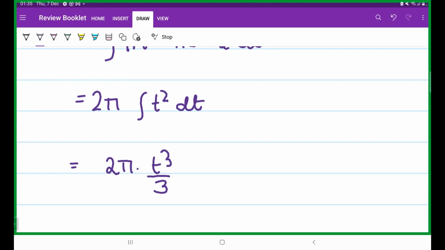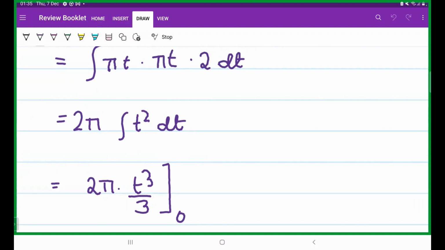Now I should have put the values of the limits there, but it would get clumsy, so I did not do it. So the time will be from 0 till the instant when it starts toppling. It starts toppling at 10 by pi seconds, right? Let's put 10 by pi here.